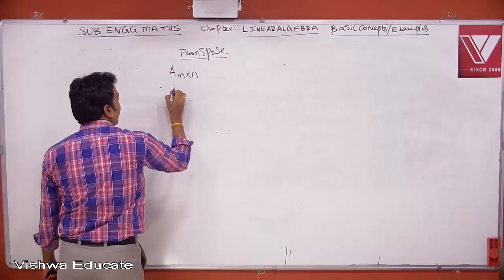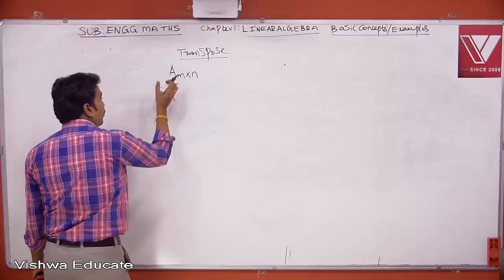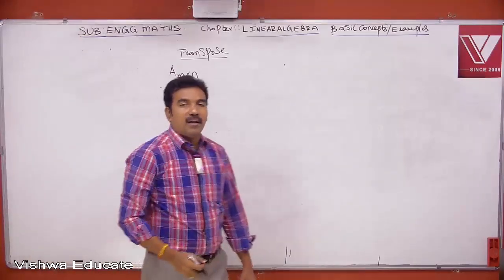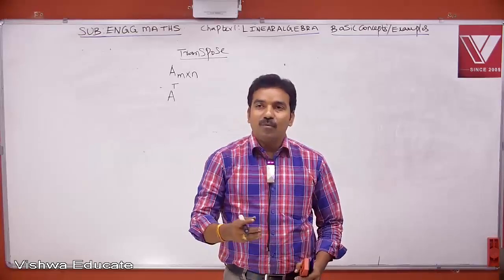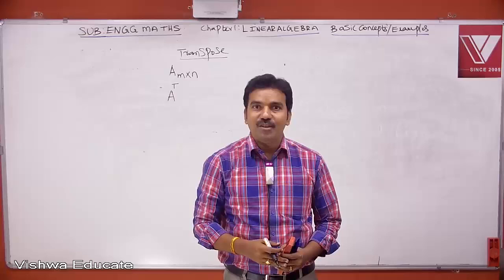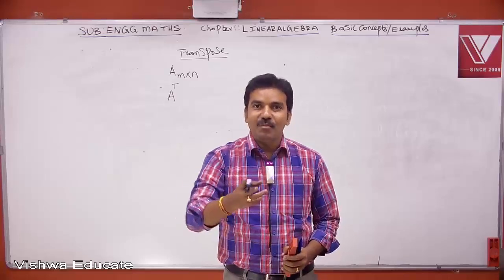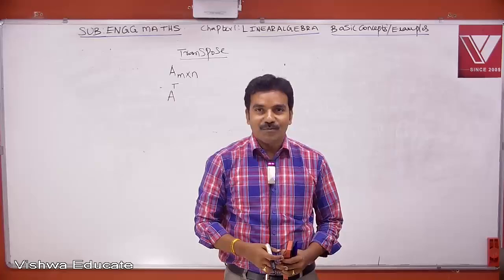The transpose of this matrix is denoted by A power t. This is also a matrix, obtained from capital A by interchanging corresponding rows and columns. If the size of A is 2 by 3, then its transpose size will be 3 by 2. Let me tell you how the size is reversed. Suppose A contains 2 rows and 3 columns.